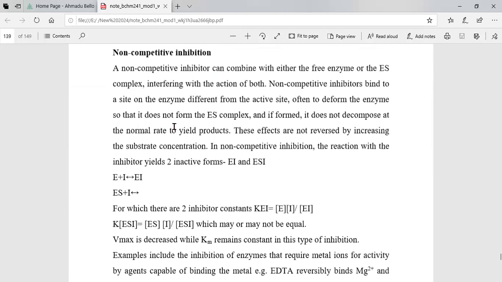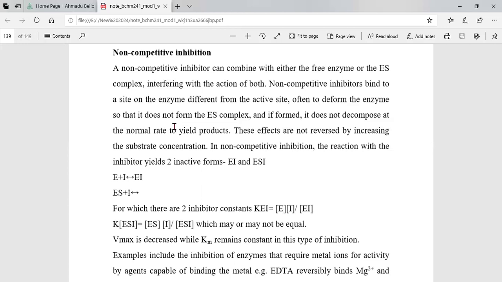So we have non-competitive inhibition. In non-competitive inhibition, the inhibitor can combine with either the free enzyme or the enzyme substrate complex, which interferes with the action of both of them. The non-competitive inhibitor does not bind to the active site of the enzyme; it binds to a site different from the active site, which often deforms the enzyme.